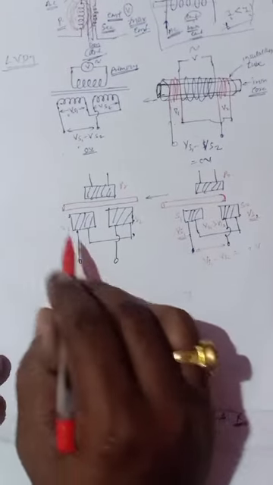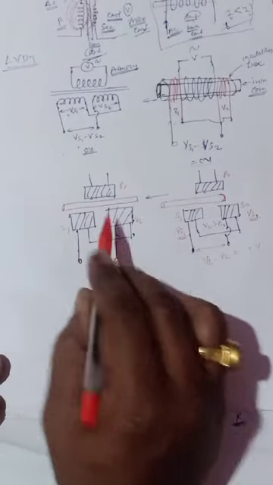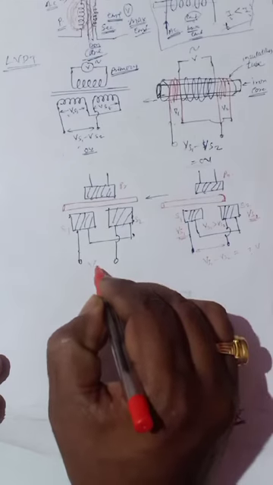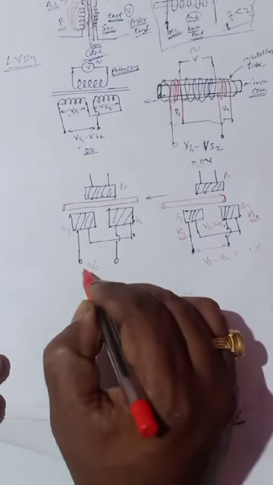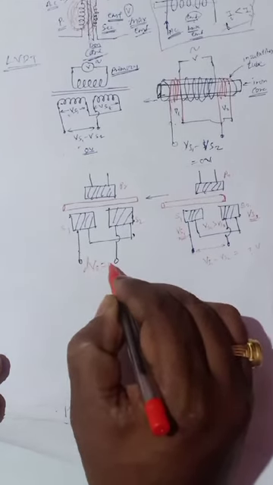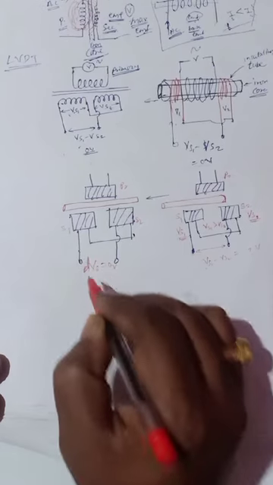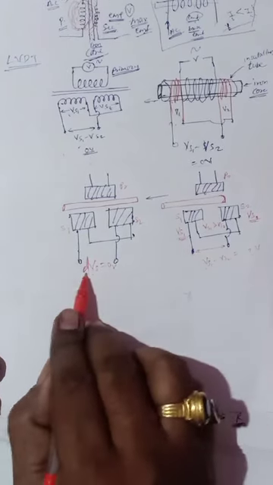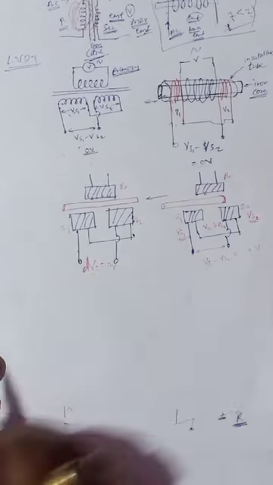But when the rod is at the center, the difference in voltage is equal to 0 volt.